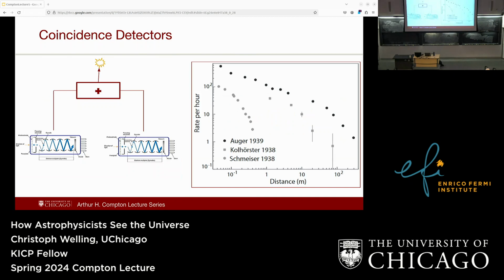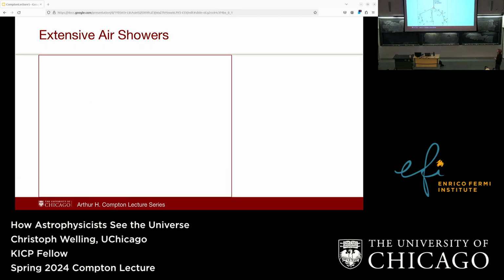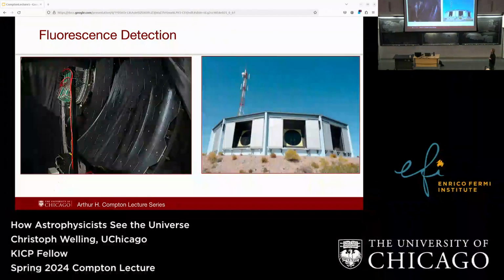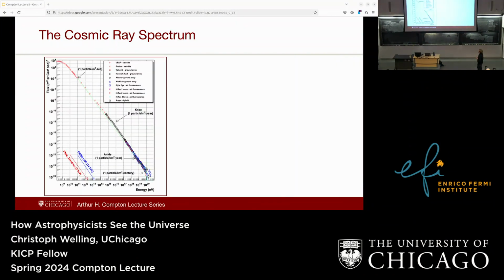So I don't remember the number, but hang on, we can do some back of the envelope calculations. If we go to this energy, we have like 1 particle per square meter per second. So you put your area of 1 square meter there, you have 1 particle going through there per second.